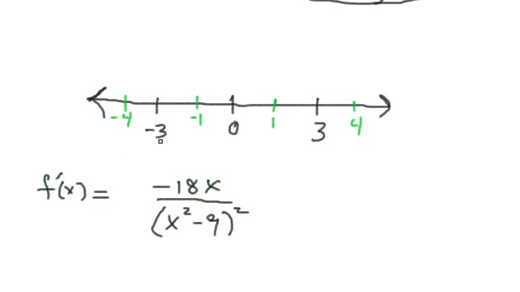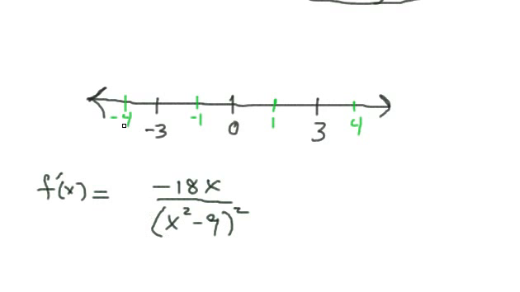So if we were to plug negative 4 into the derivative, now remember, all we're concerned about is if it's negative or positive. This way I can put my little sign right here. First off, the denominator is squared, so this is always going to be positive down here.